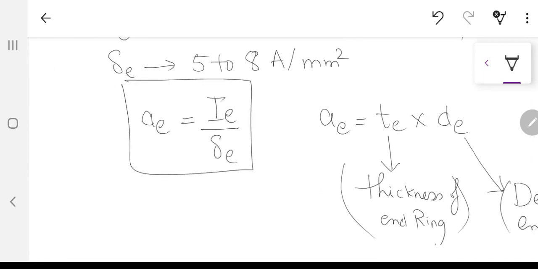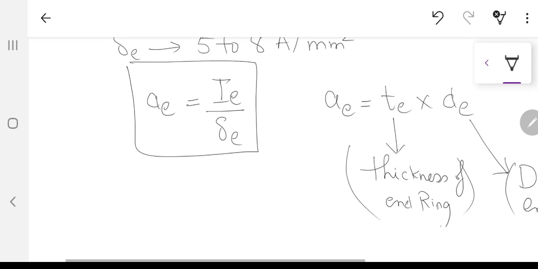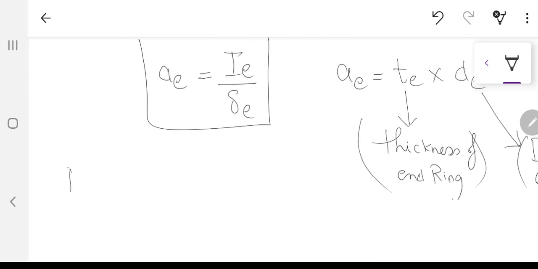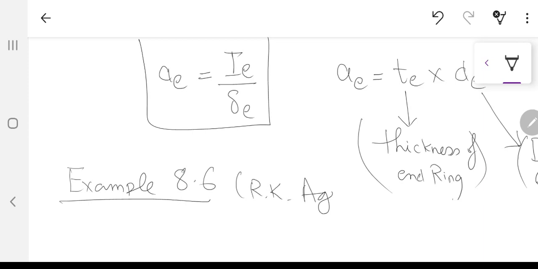This is the cage machine design, and today what we have done is found out the total squirrel cage machine design. Please kindly go through example number 8.6 of your book. This is very important, I'm talking about the R.K. Agarwal book.